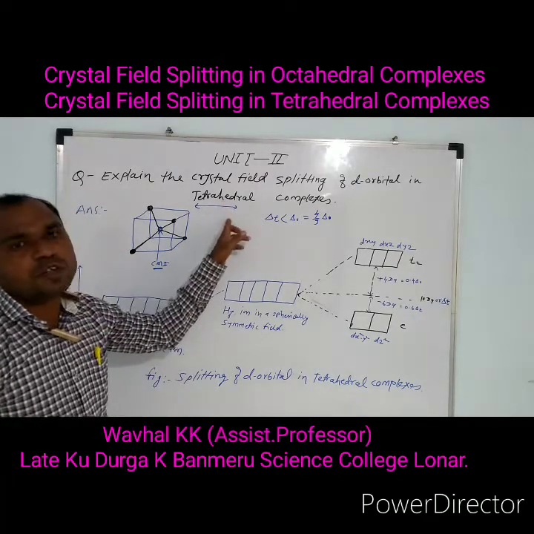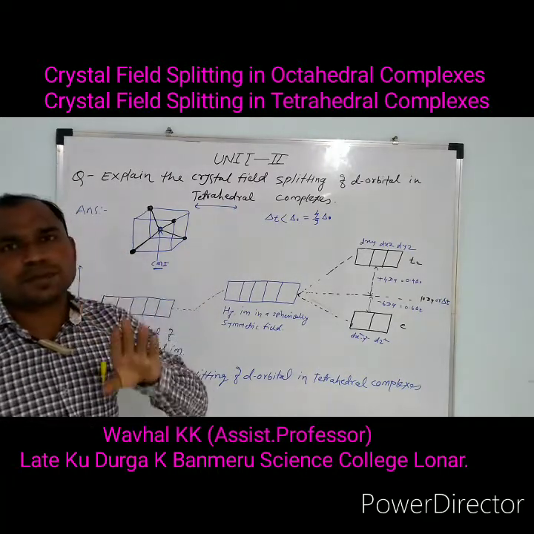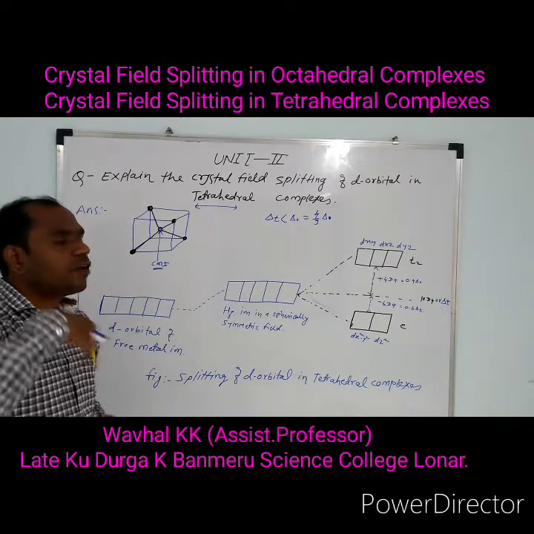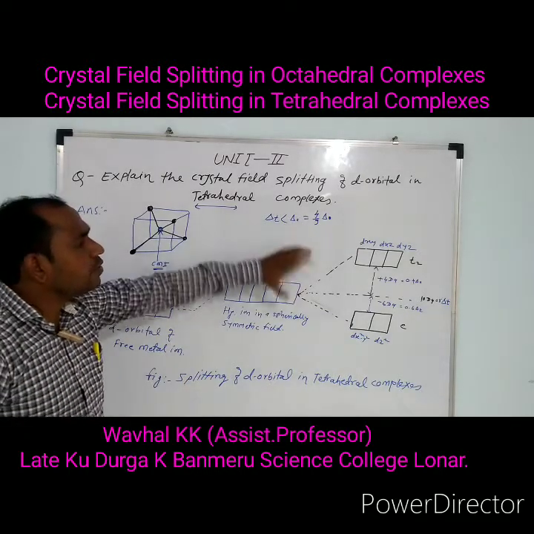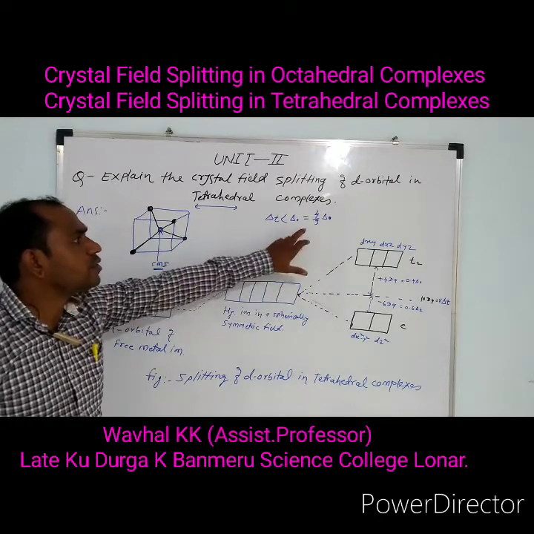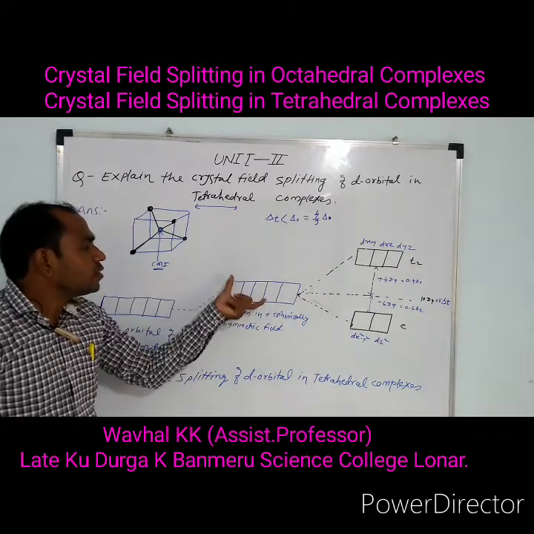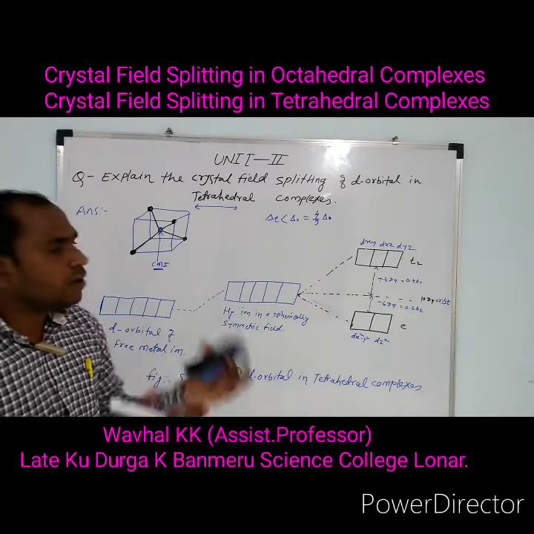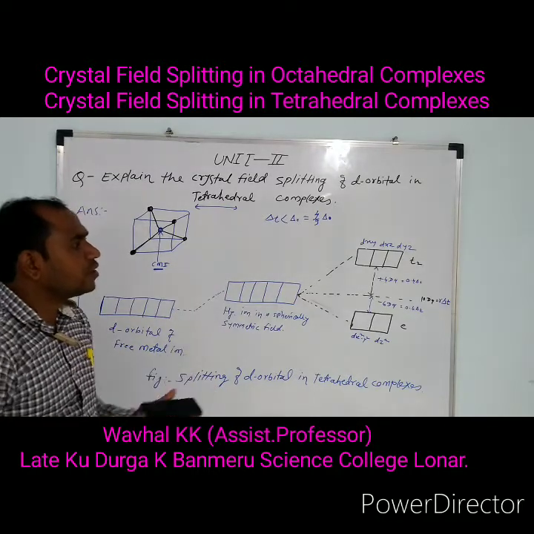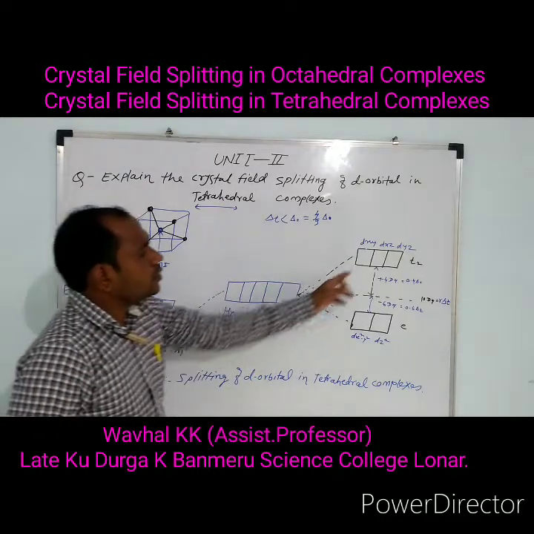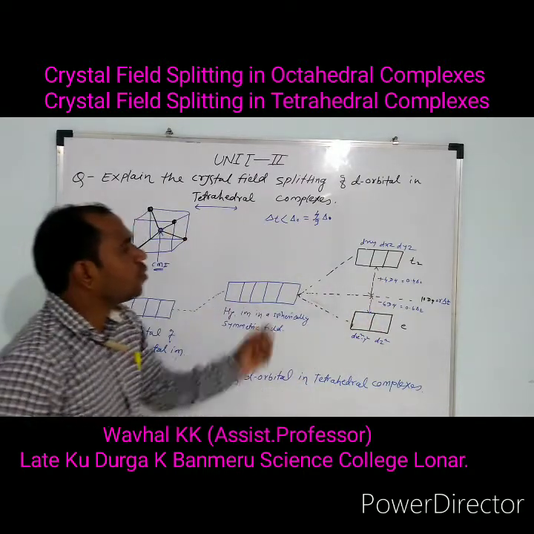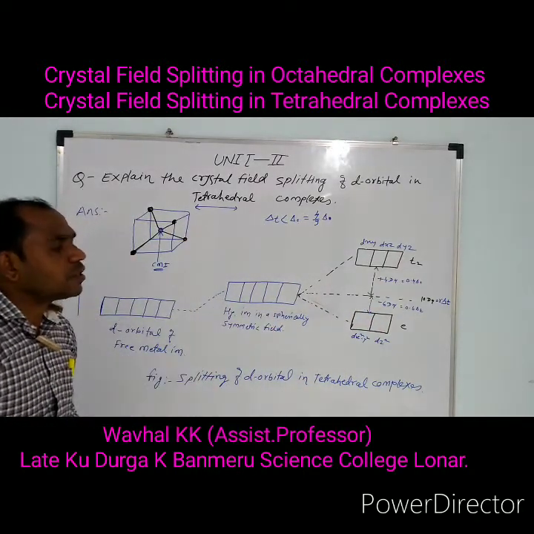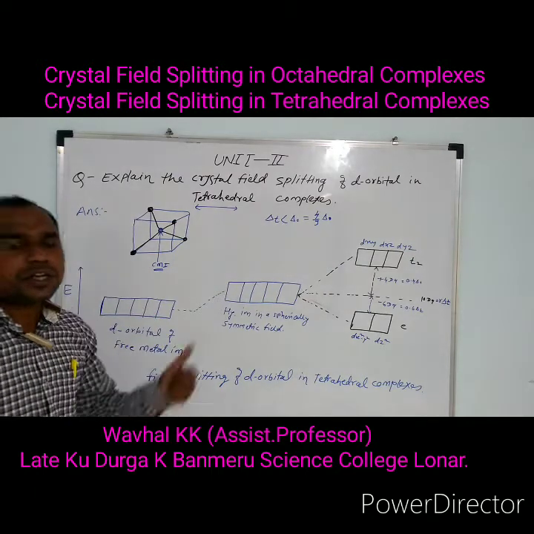in tetrahedral geometry. Only 4 ligands are present in tetrahedral geometry, and in octahedral geometry there are 6 ligands. Hence the difference arises, and the splitting of d orbitals is reversed. The energy required, the stabilization energy, is called the crystal field splitting in tetrahedral complexes.